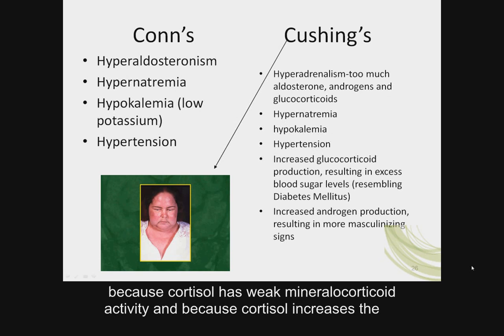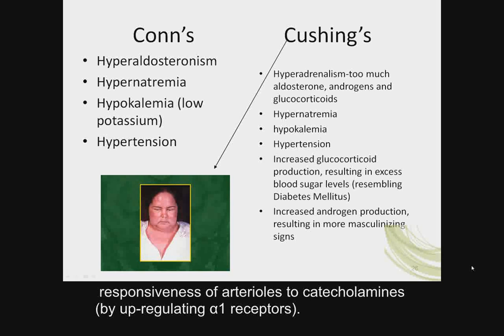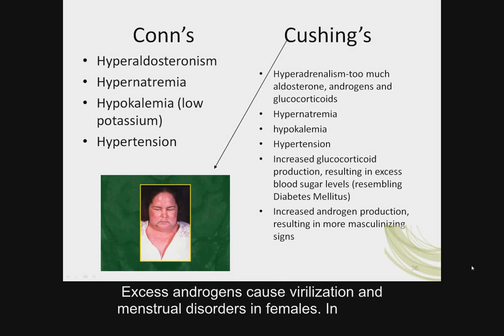Hypertension occurs because cortisol has weak mineralocorticoid activity, and because cortisol increases the responsiveness of arterioles to catecholamines by upregulating alpha-1 receptors. Excess androgens cause virilization and menstrual disorders in females.